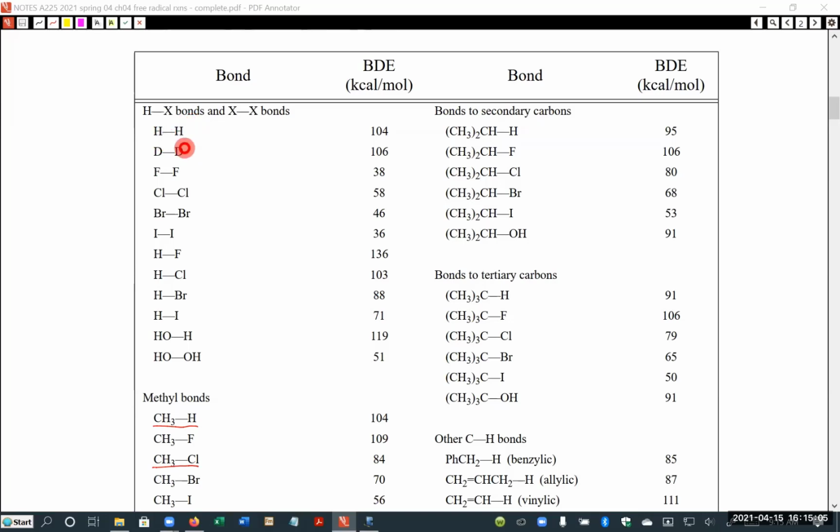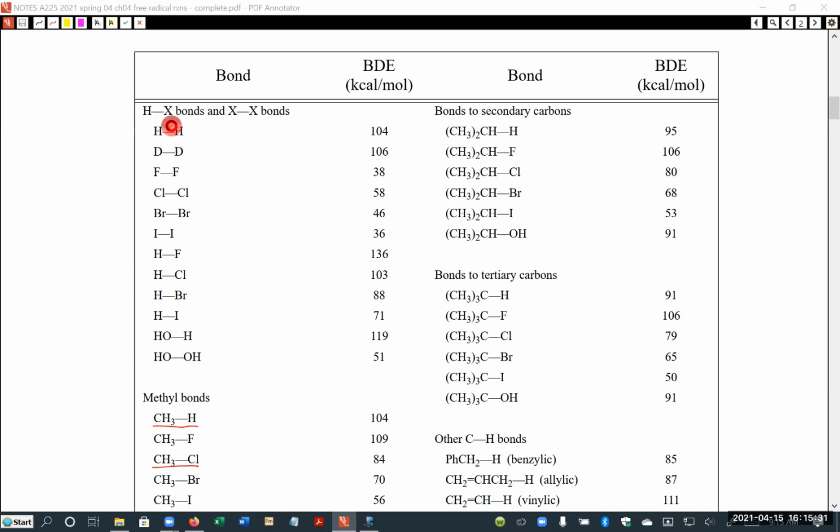So for example, here's hydrogen to hydrogen. There are no other bonds. The bond that would be dissociating would be this hydrogen-hydrogen bond. And by the way, here's our bond dissociation energy, 104 kilocalories per mole. You're going to see by looking at the numbers, that's a pretty big number, one of the largest. There's a lot of potential energy in that hydrogen-hydrogen bond.